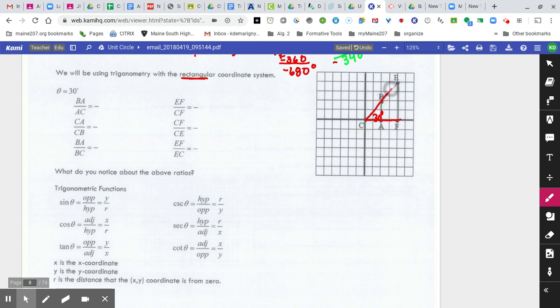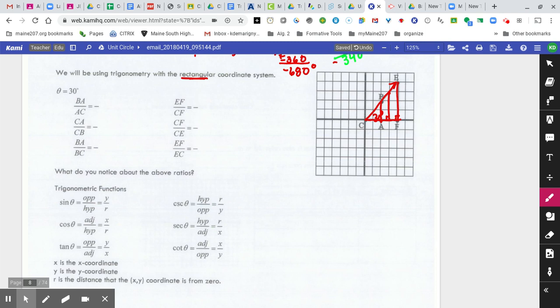So my initial and my terminal sides form a 30-degree angle. Then I can choose where I drop a perpendicular. I can drop it anywhere we want. Okay, so I've just dropped a couple. So we have BF and BA. They all are perpendicular to this ray CF.